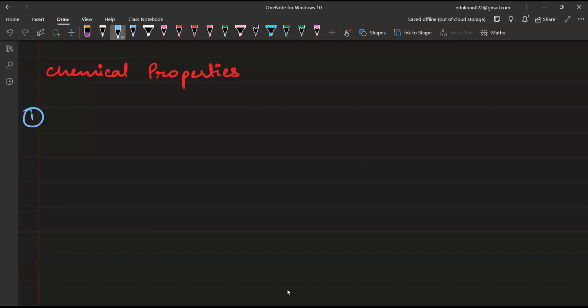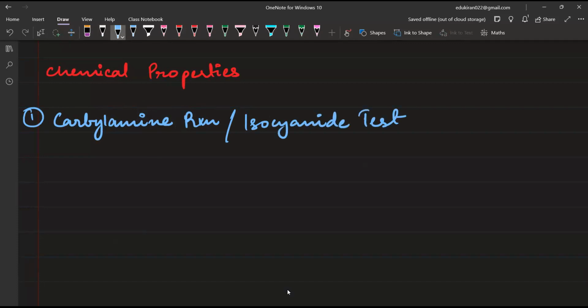It's quite important. Carbylamine reaction. Carbylamine is one word. And this is also known as isocyanide test. Carbylamine test is also its name, and isocyanide test is also its name. It is also called the carbylamine reaction. So just remember these names.